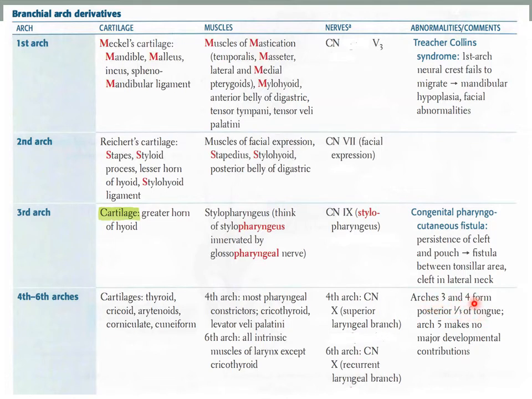Arch 5 makes no major developmental contributions. It usually disappears. So this table summarizes the branchial arch derivatives, or the pharyngeal arch derivatives.